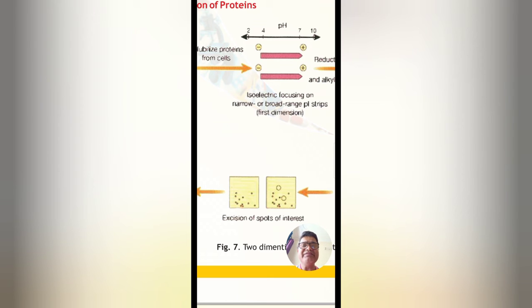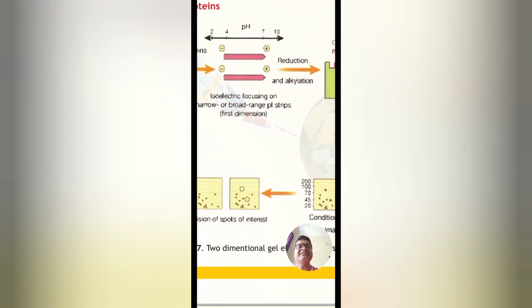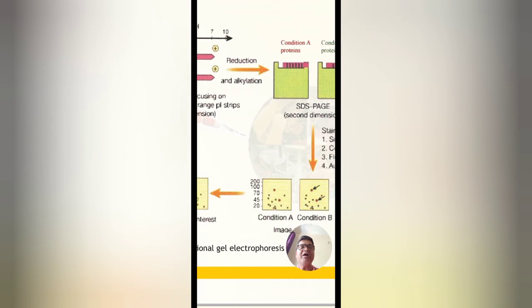Then there is a need to investigate whether the proteins have the same pI but different sizes, a mixture of proteins or not. So this is not a confirmation till now. So for further investigation or confirmation, we proceed to the second dimension, that is SDS-PAGE. So the second principle of this 2D gel electrophoresis is SDS polyacrylamide gel electrophoresis.